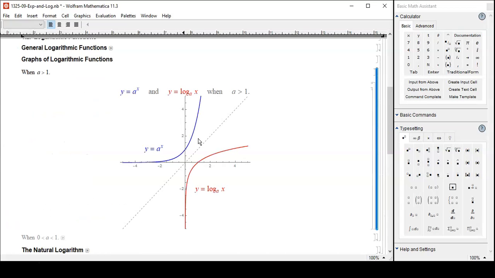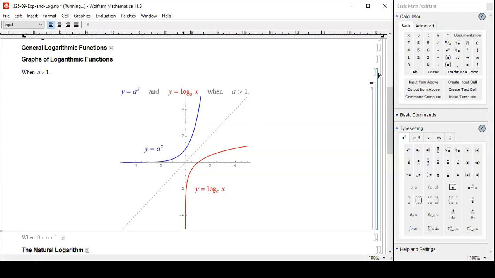You see, all the exponential functions cross (0, 1), y-intercept 1. And then, just like any inverse function, symmetric with respect to the diagonal, y equals x. So the logarithmic function goes through (1, 0) here. And that's for all. I mean, this program is randomized, so if you run it again, you get a slightly different exponential and logarithmic function, but the y-intercept and x-intercept are the same.